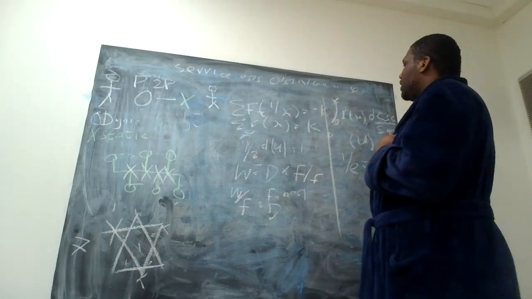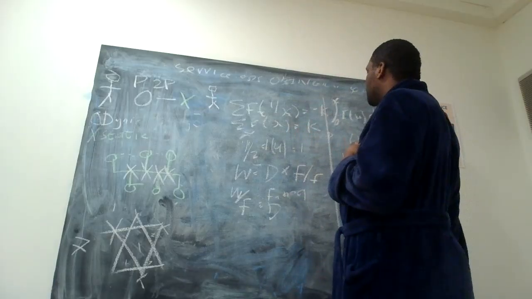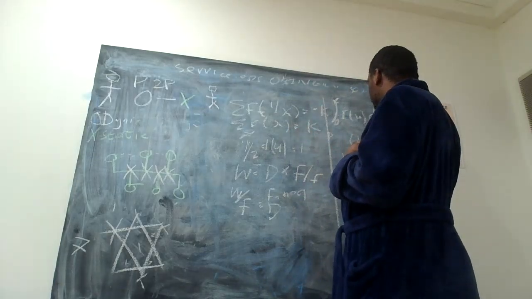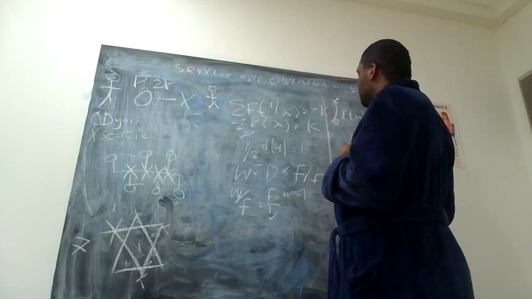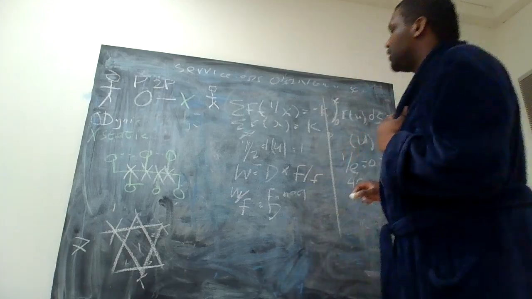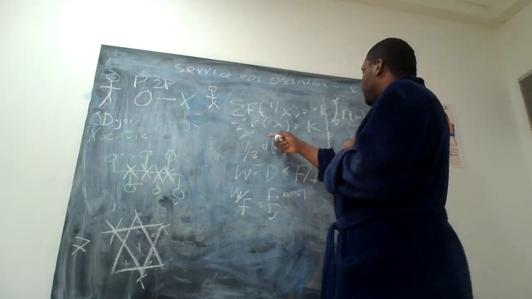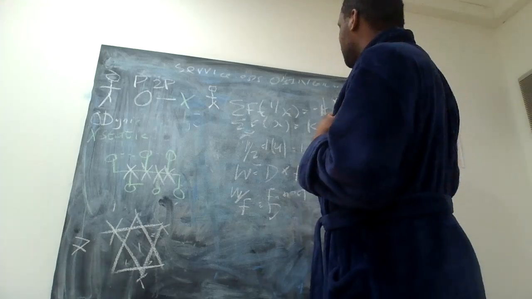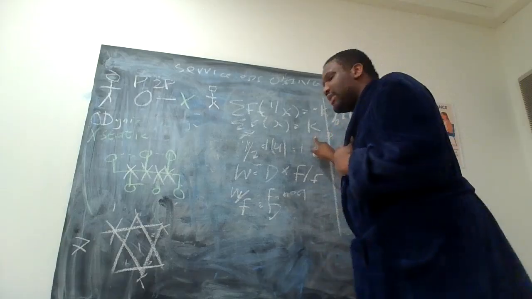If the force acting on x is 45 degrees, the force given x is displaced by the unit d, which is k.